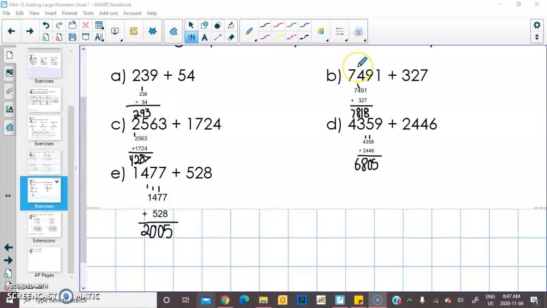Okay, I did the same thing for B. So we have 7,491 plus 327. We start at the ones. 1 one plus 7 ones equals 8 ones. 9 tens plus 2 tens equals 11 tens. So we leave the 1 below and we carry a 1 to the hundreds.